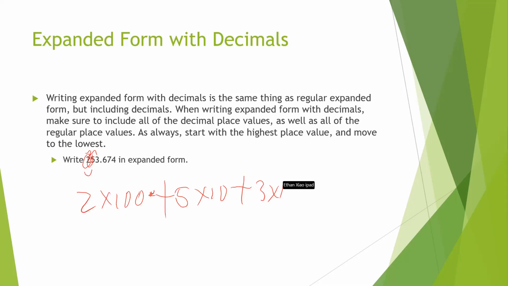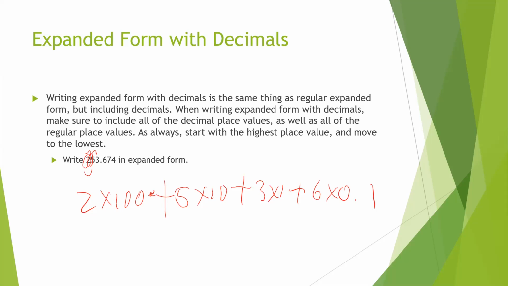Next, we are moving on to the decimals. Now, we're going to look at the value of the 6. That's one value right of the 3, which means it's in the tenths. So I'm going to do plus 6 times 0.1. Now we go to the 7, and we know that's in the hundredths since it's 2 places right of the 3.